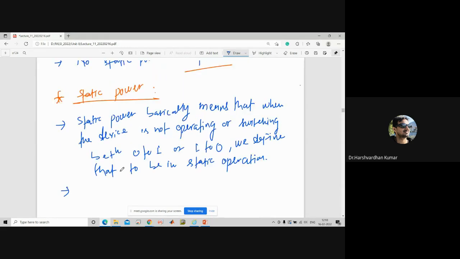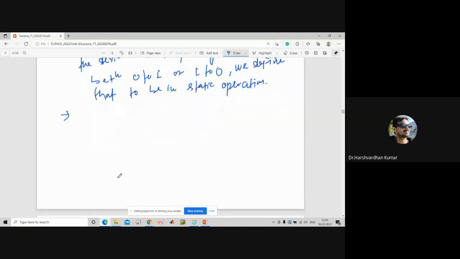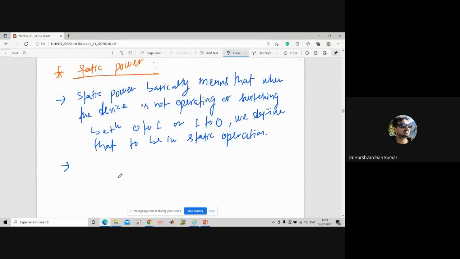So in static power, since switching is not occurring in the static condition, therefore we can say that there is no power consumption.